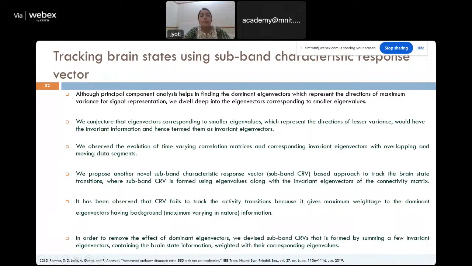I have already mentioned a little bit about this. Principal component analysis says that dominant eigenvectors represent the direction of maximum variance.